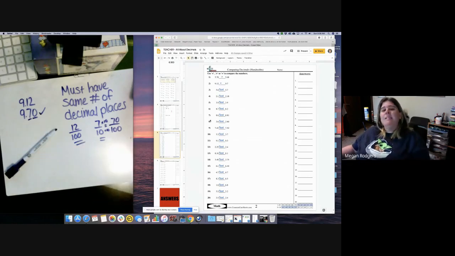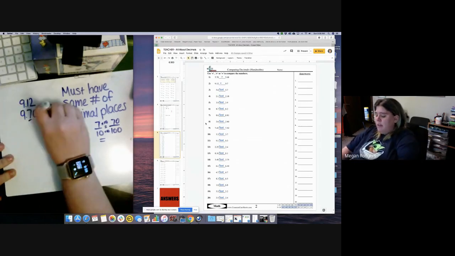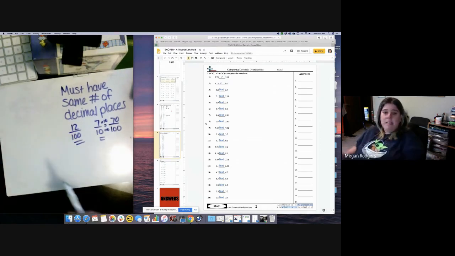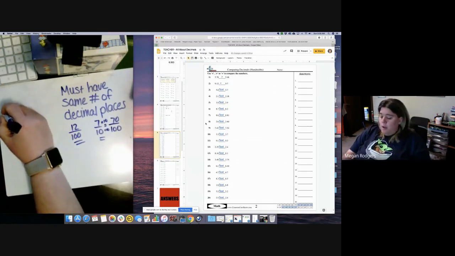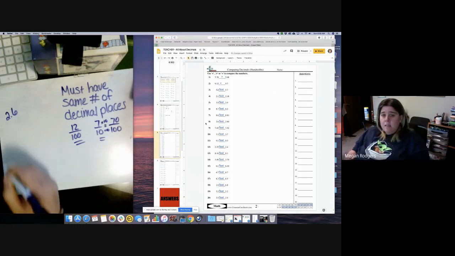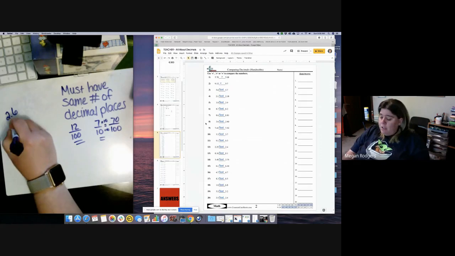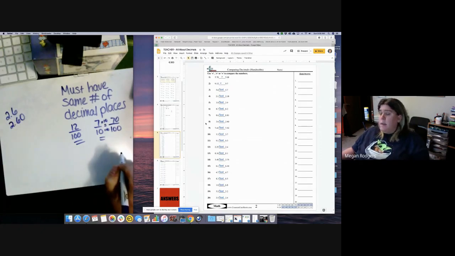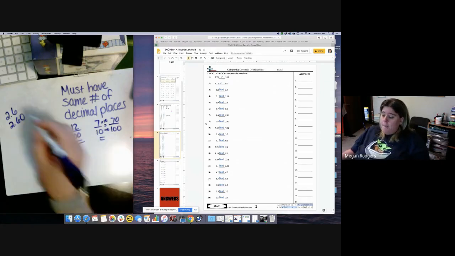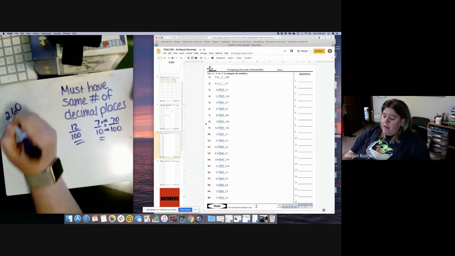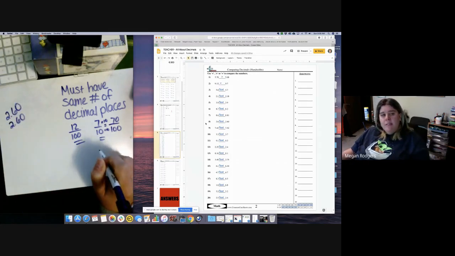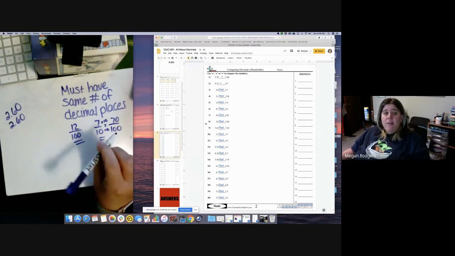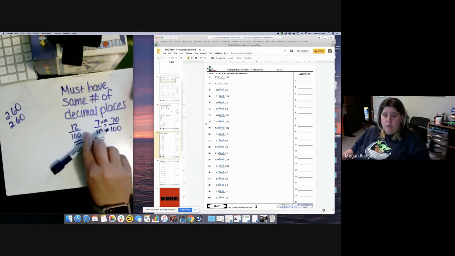Number 8 is an excellent example of one that students often miss. So I have 2 and 6/10, and I have 2 and 60/100. Your gut might tell you 60/100 sounds a lot bigger, but when we fill in our extra 0 to make sure they have the same decimals, you find out they are actually equal to each other.